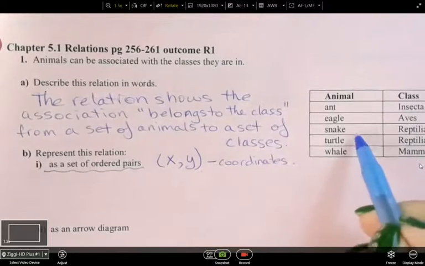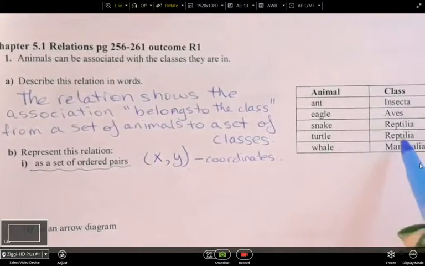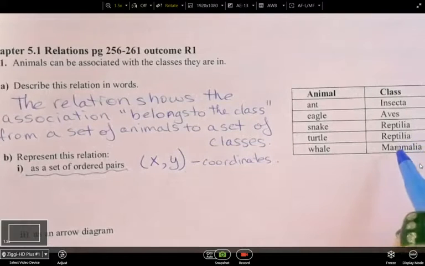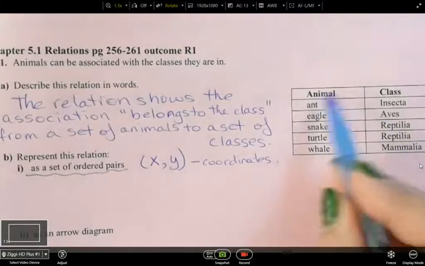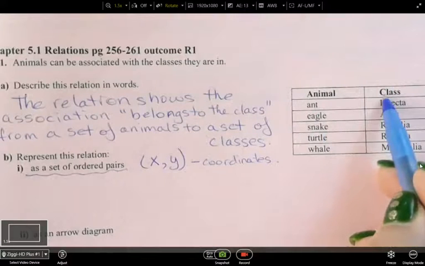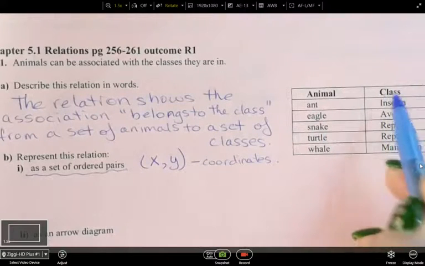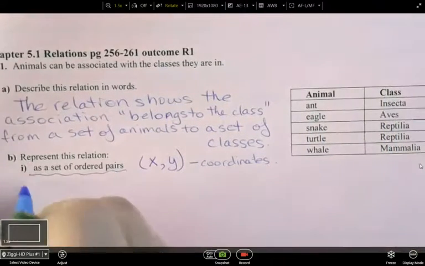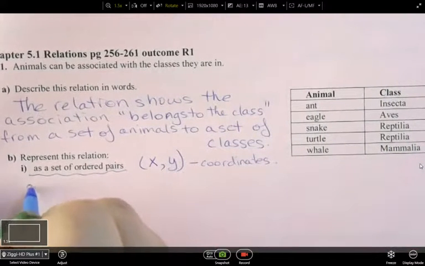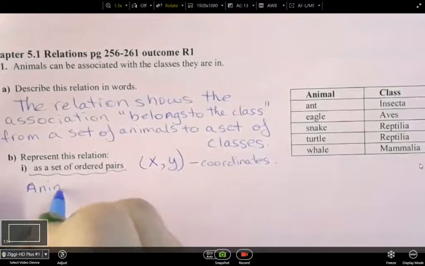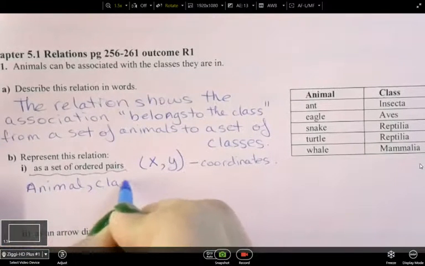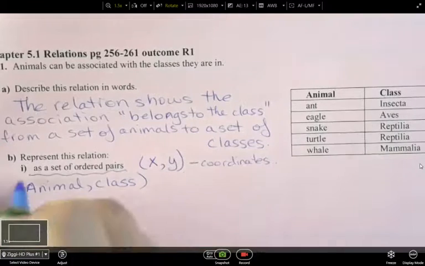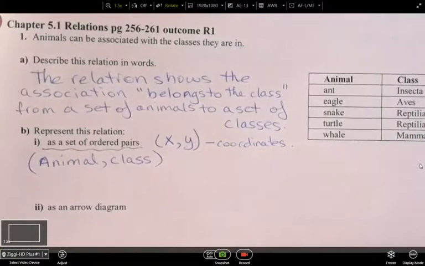But over here we don't actually have coordinate point values as in numbers for my x, y axis. What do I have? Instead I have animal and class. So I'm going to write the ordered pairs so that animal is going to be first, and then second is going to be class. All right, so that's how I'm going to list each ordered pair.